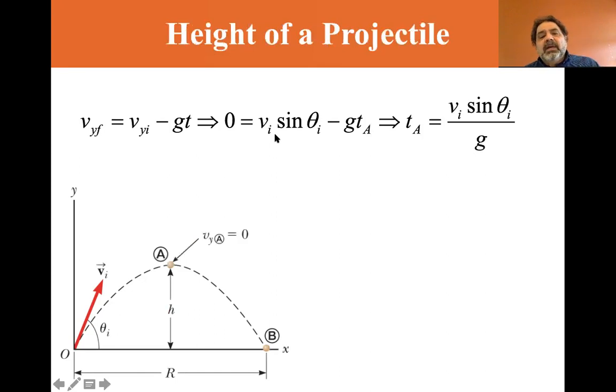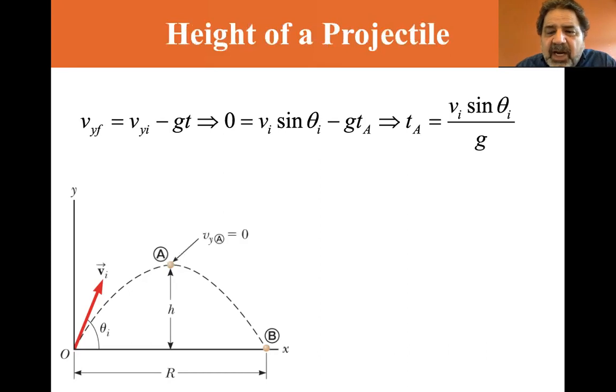We have V initial, oh no, it's V initial, that's the overall velocity. V initial times sine theta initial minus GT at position A. Well, let's solve for T. So TA is equal to V initial times sine initial theta divided by G.